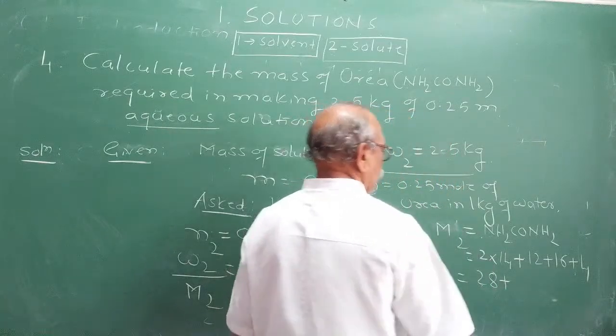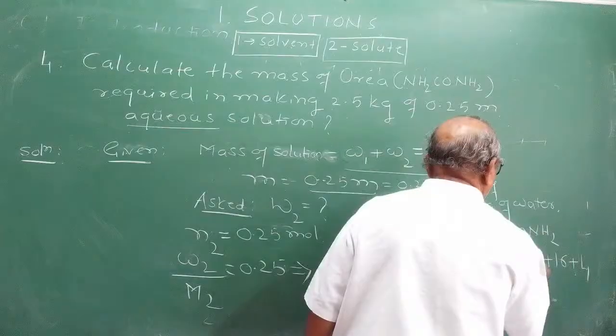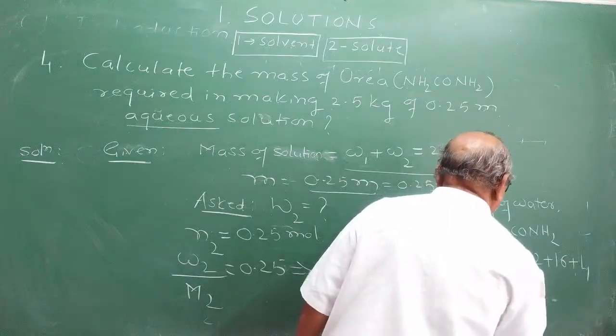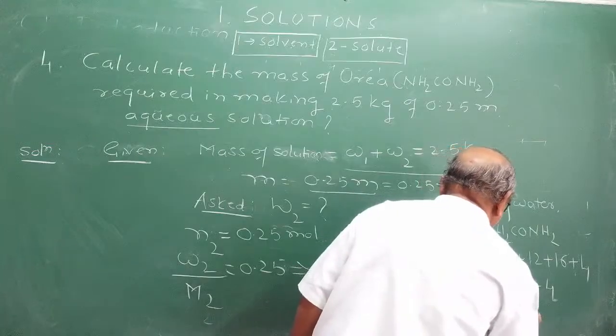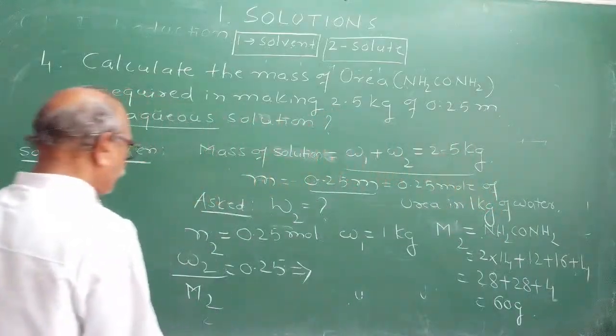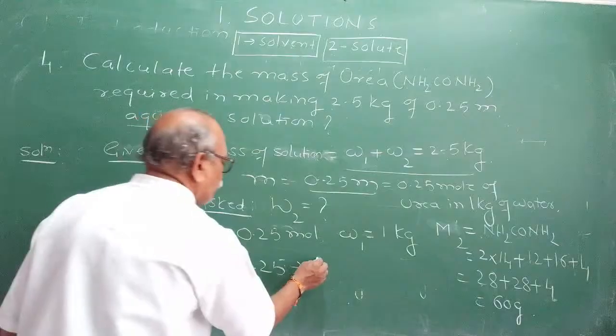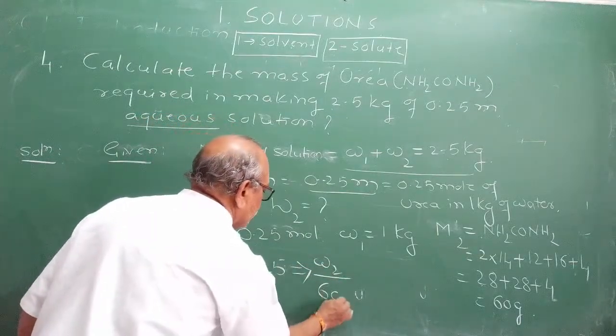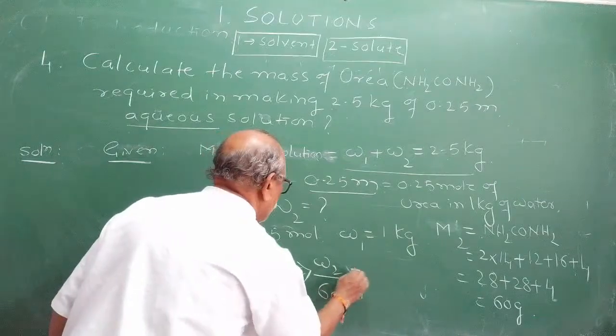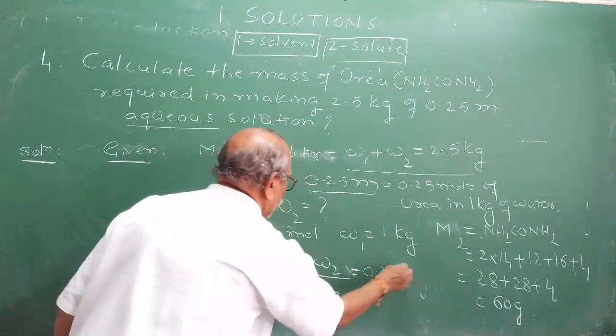Now you can calculate: 14 times 2 is 28, plus 12 plus 16, you will get 28 plus 4. 28, 56, means 60 grams. Therefore, you got M2 as 60 grams. Therefore, the mass of the solute is given by W2 upon M2, which is 60, equal to 0.25.